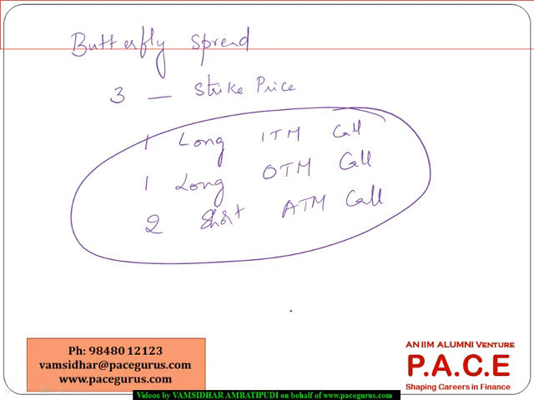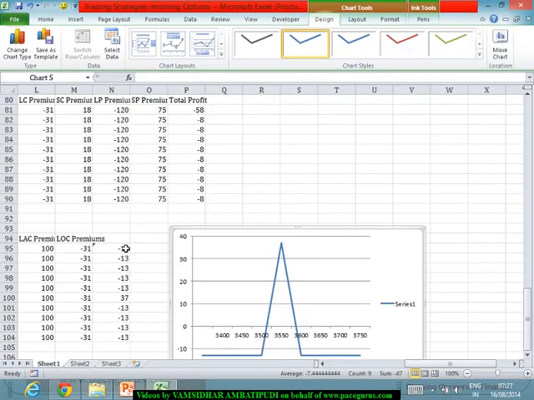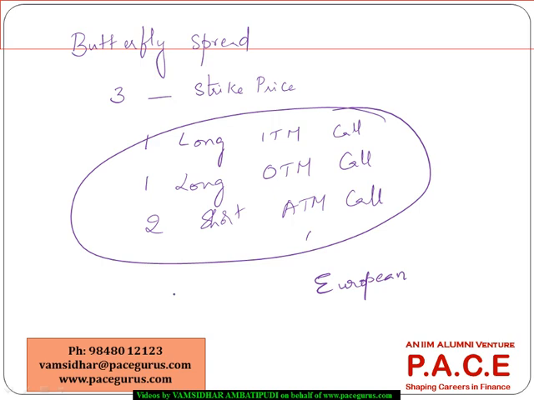And what we could typically see is these are more and more applicable, or they make a lot of sense, if all these options are European in nature. The initial investment, whatever this number is, will more or less remain the same even if I am using calls or puts, because of the call-put parity relationship.